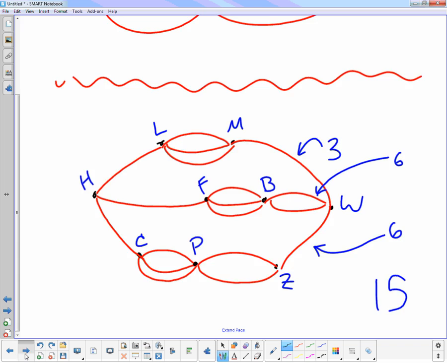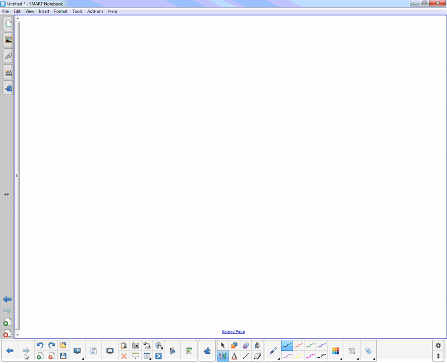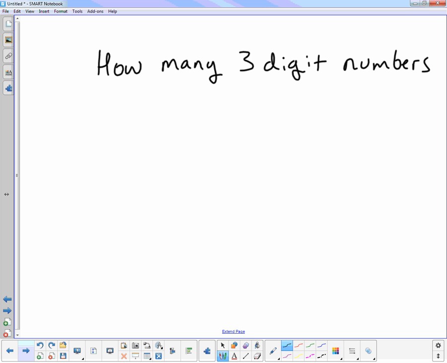Now, let's say you have, and this is a great example, that's why I want to bring it in. Here's a good one. How many 3-digit numbers can be formed using 2, 3, 4, 5, and 6? A, okay, 2 problems.